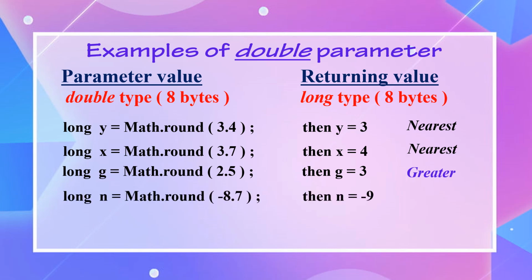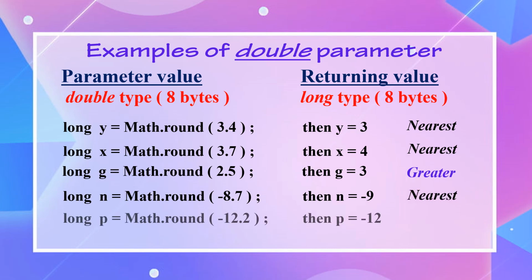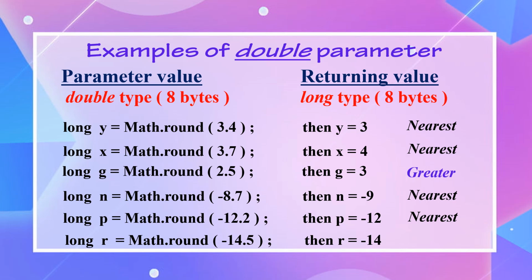Minus 8.7 will bring it down to minus 9, the nearest integer. Minus 12.2 will take it up to minus 12, the nearest integer, and minus 14.5 will make it minus 14. That is the greater integer.